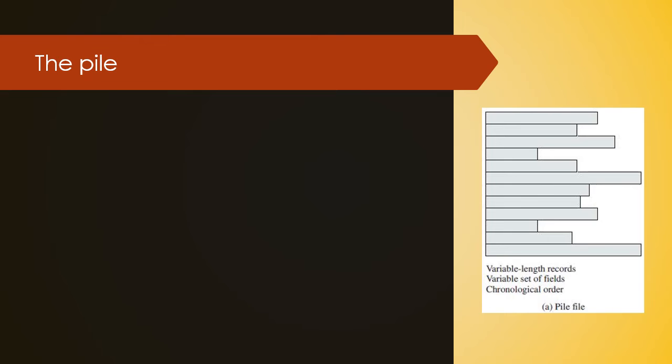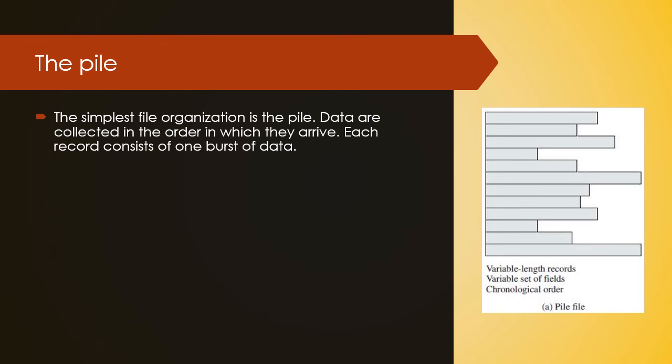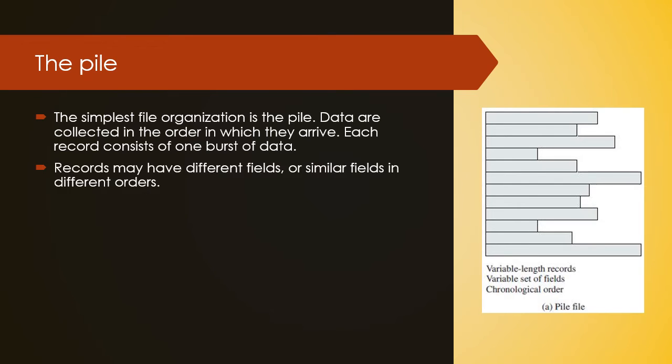Now we look at the various file organizations one by one. The first is the pile. The simplest file organization is the pile. Data are collected in the order in which they arrive. Each record consists of one burst of data. Records may have different fields or similar fields in different orders.